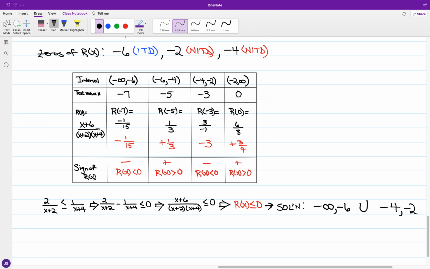Negative infinity is boundless, so you have a parenthesis. Negative 6 is in the domain, so that is going to be bracketed. Negative 4 as well as negative 2 are not in the domain, and they will stay in parentheses. All right, and so this will be the interval solution for this last case here.